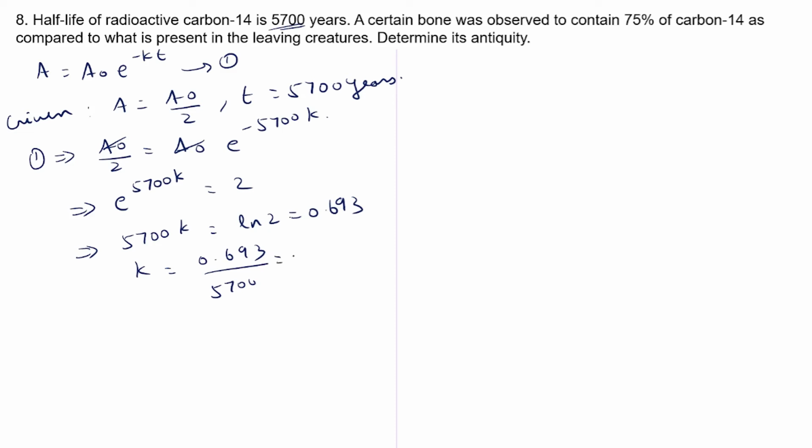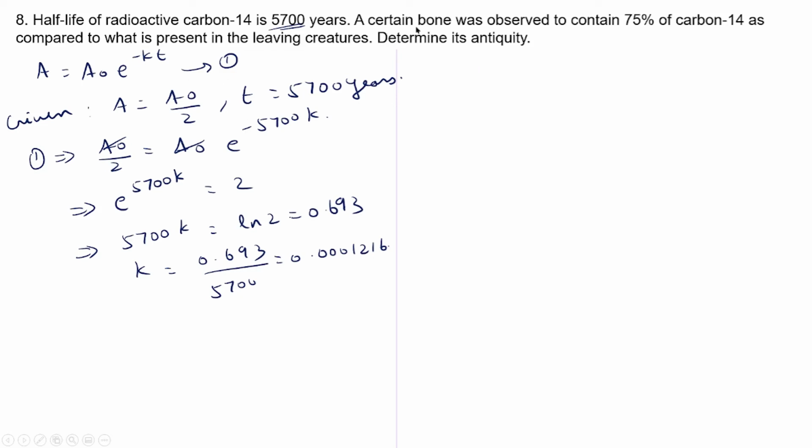This when we simplify, this is equal to 0.0001216. So the given model is A equal to A naught into e raised to minus 0.0001216 t. That is the model.